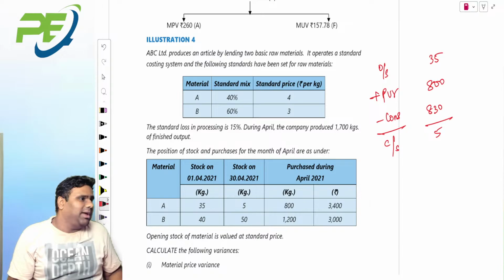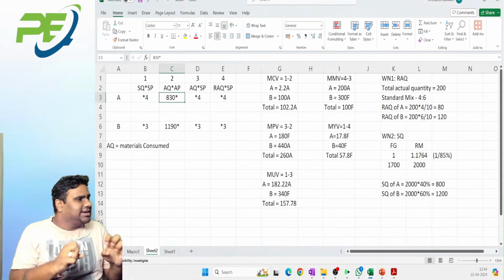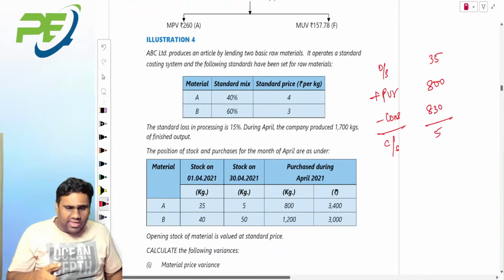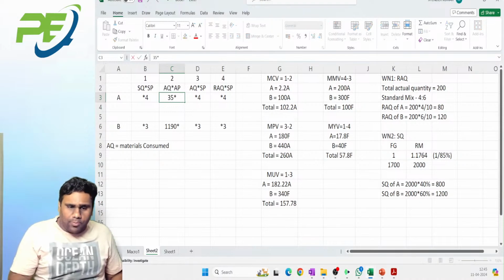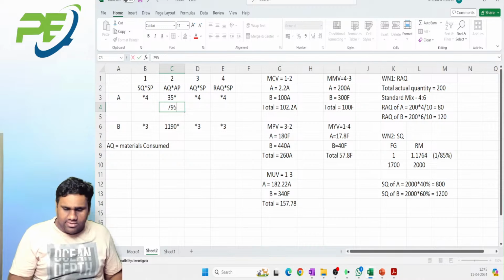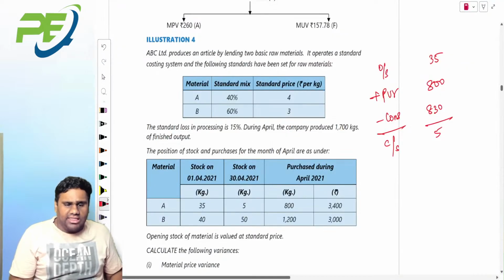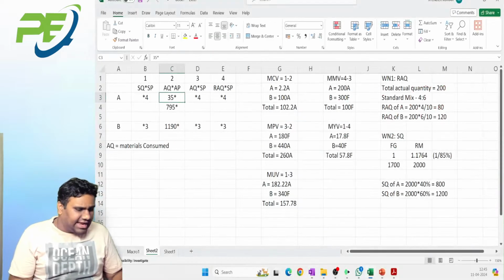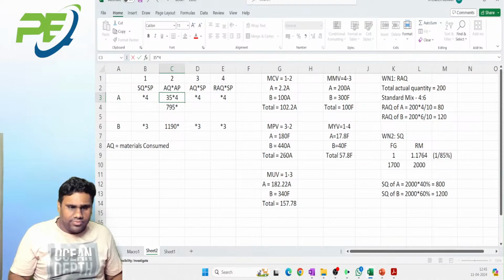So now we will go by the FIFO method. This 830 I will break. 35 is coming from opening stock and the balance 795. So 35 is valued at standard price 4 rupees.